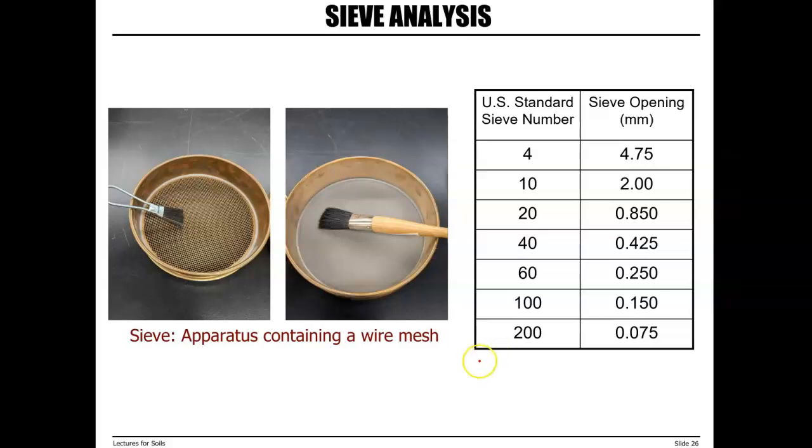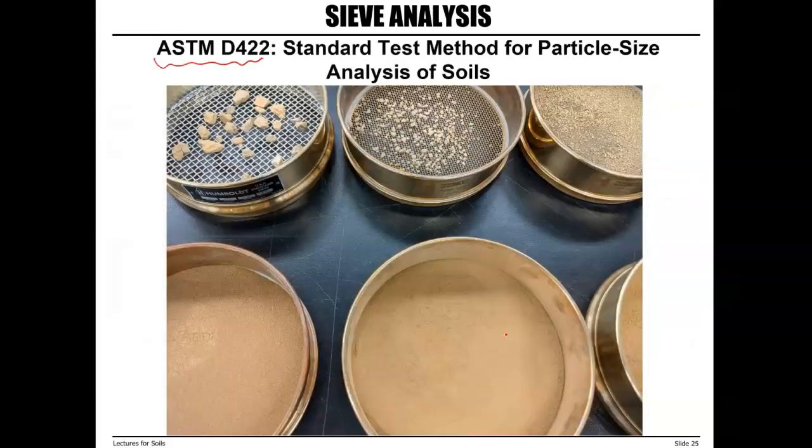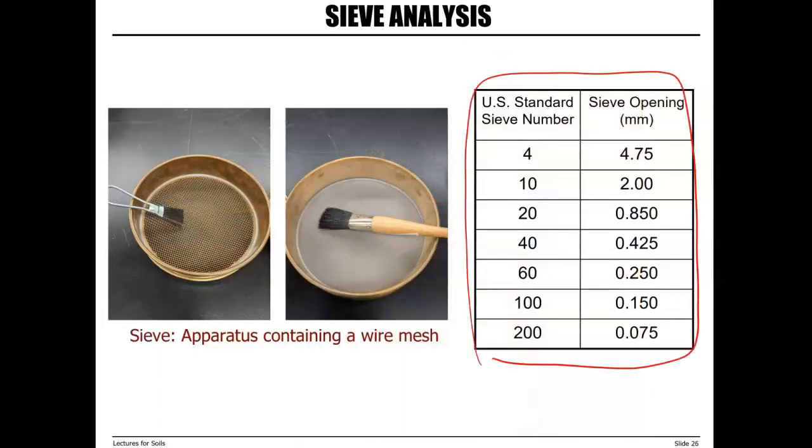We select our sieves. Each sieve has a label on it. These are all standard sieves, and it has a sieve number and sieve opening size in millimeter and in inch and in micrometer. So we select our sieves. These are the sieve numbers and corresponding sieve opening sizes.